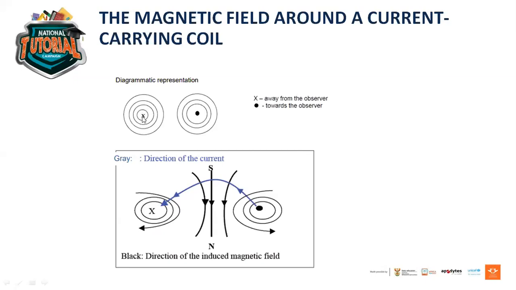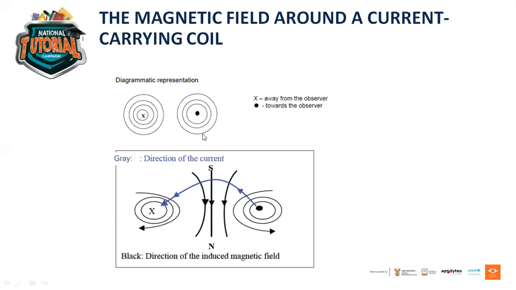Remember, it's going to be bent. So this is going to be away from the observer and towards the observer. So this is how it's going to be bent, like this. So it's going to have 2 points that we cut cross-sectionally. Okay, so this one here illustrates the current carrying conductor away from the observer, and this one towards the observer.